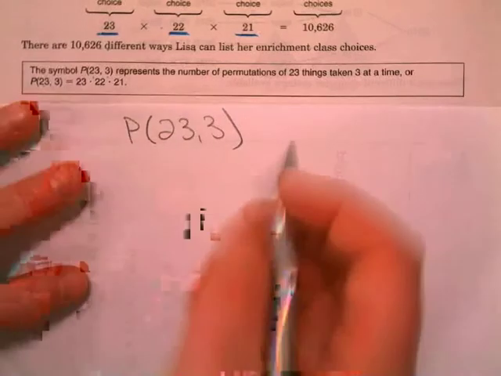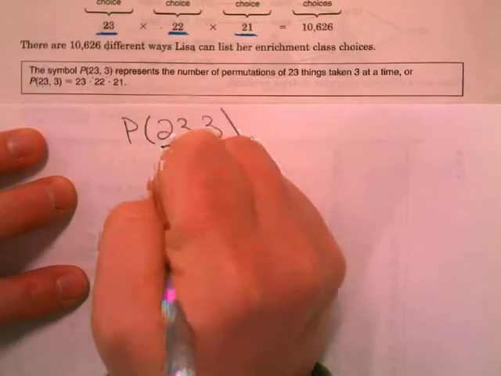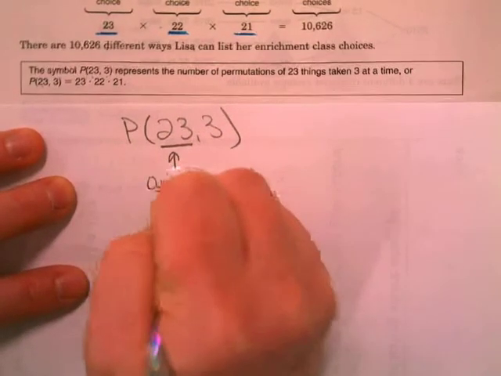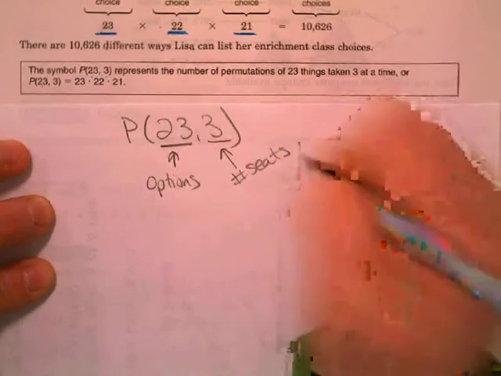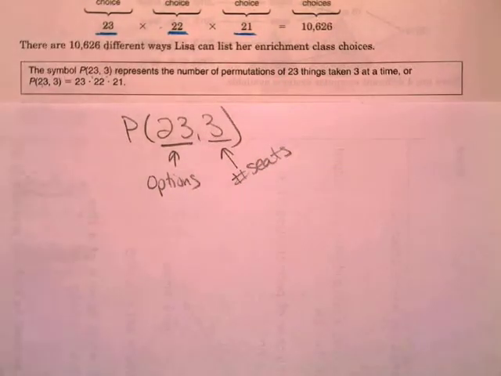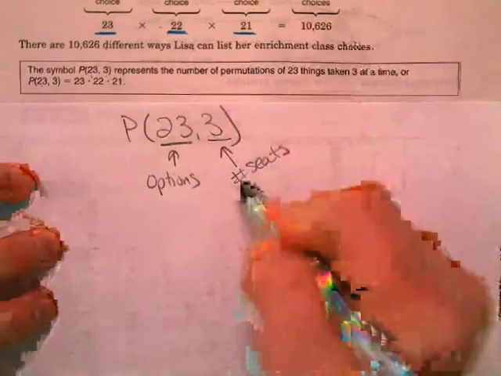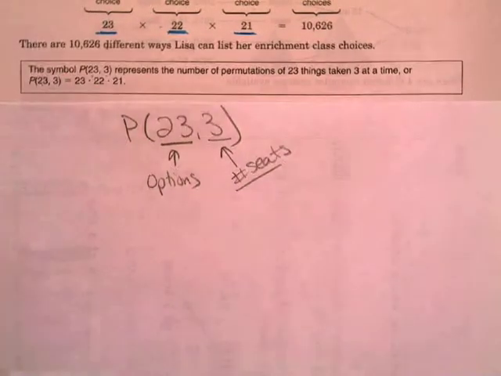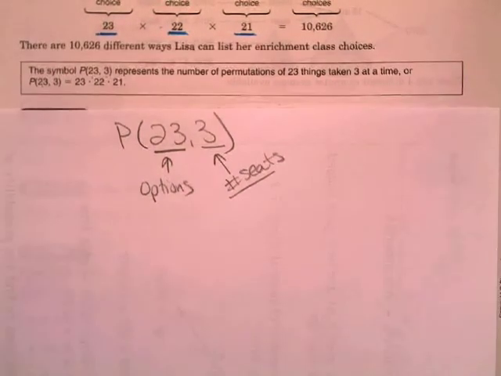And what that means is there are 23 things, 23 options. And these are basically like your number of seats. The way this is worded, it says 23 things taken 3 at a time. I like to call it the number of seats. If you have 23 kids waiting for an airplane, there's 3 seats available.